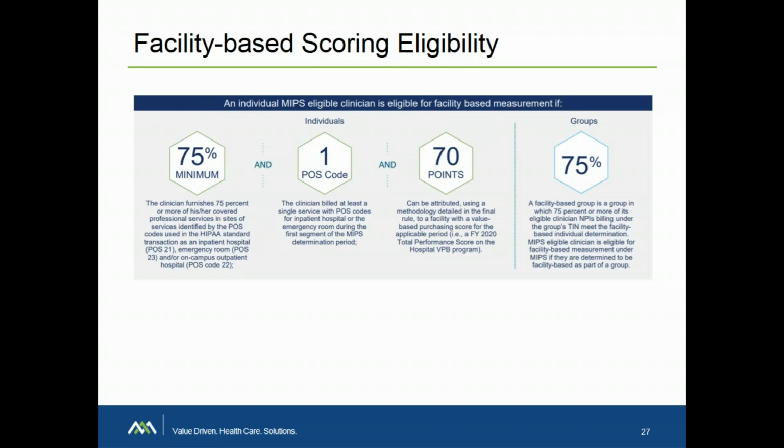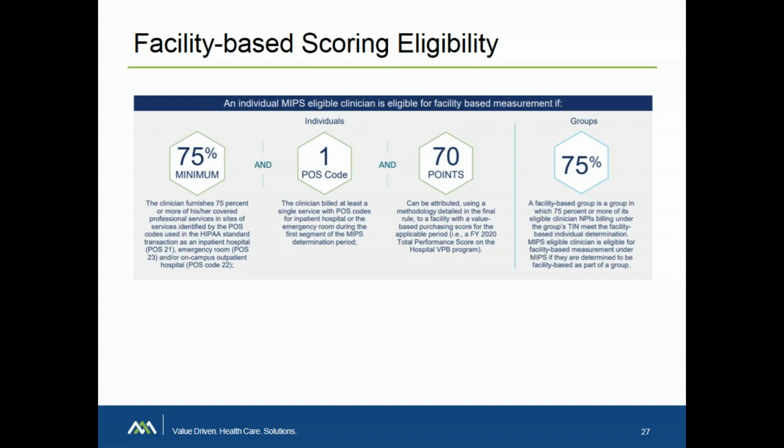And finally, they must be able to be attributed using the CMS methodology to a facility that has a value-based purchasing score for the applicable period. So if they are working in a hospital that doesn't report for the hospital value-based purchasing program, then this wouldn't apply to them.